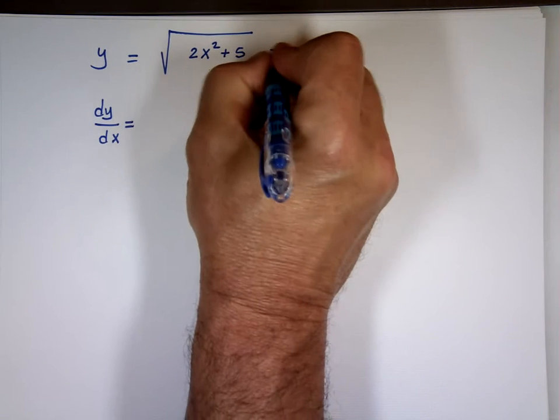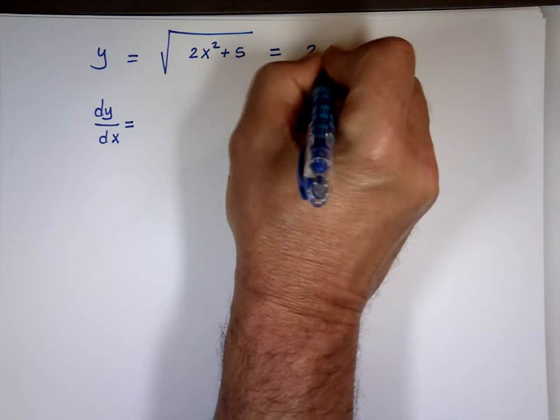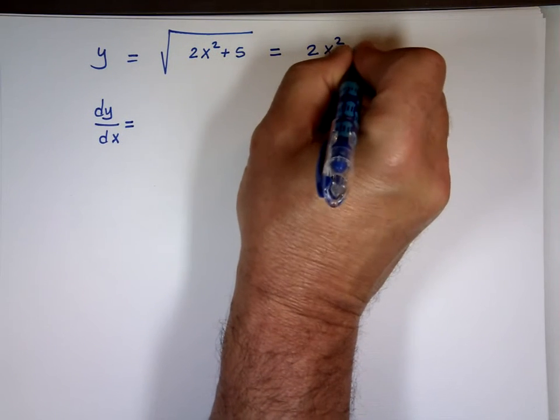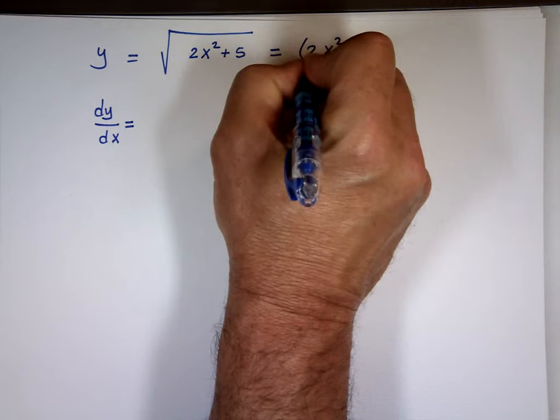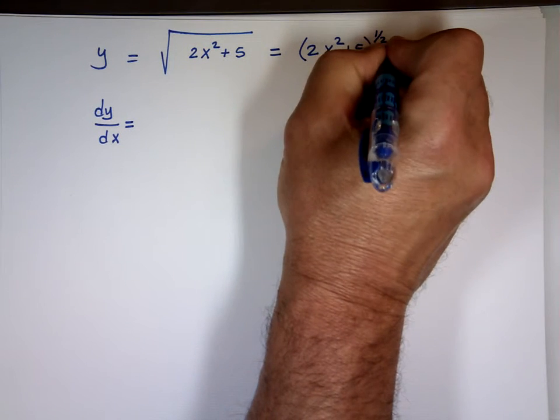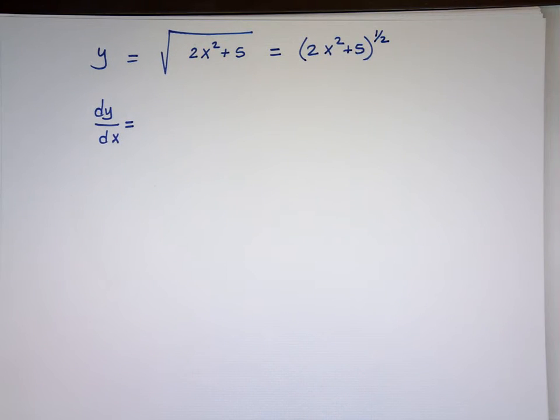Again, you can take this problem and write that as 2x squared plus 5 to the power of what? 1/2. So the chain rule, you want to use it when the power is different than 1. If the power is 1, you're wasting your time. There's no need for it. But if the power is different than 1, that's a good place to use it.